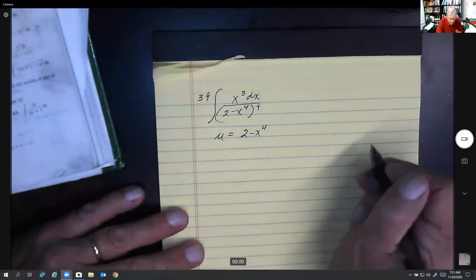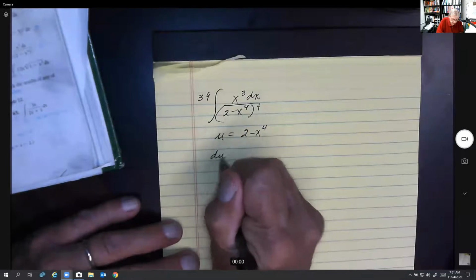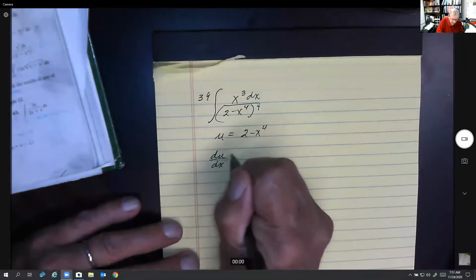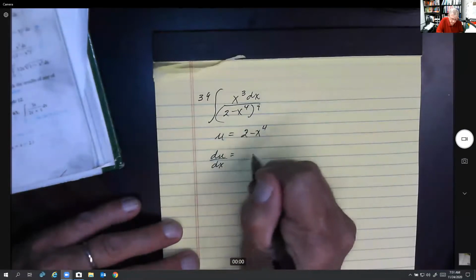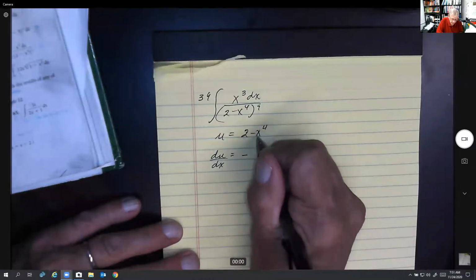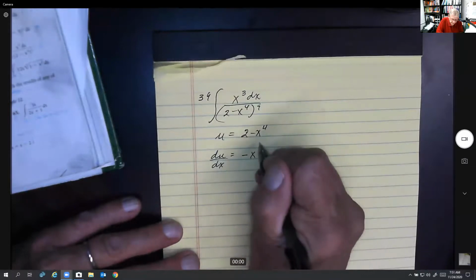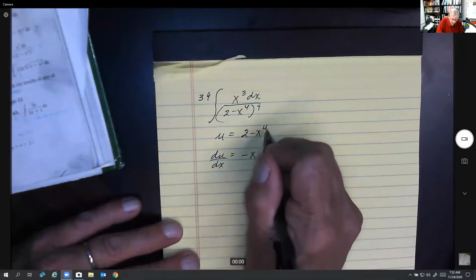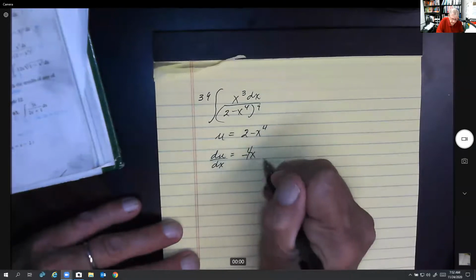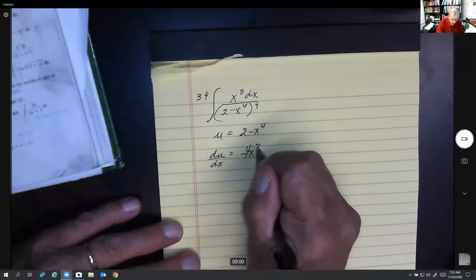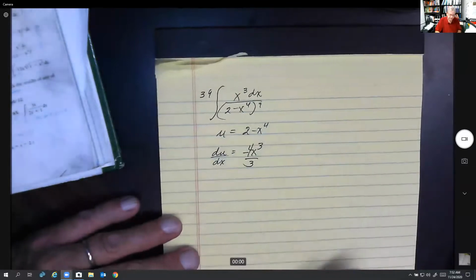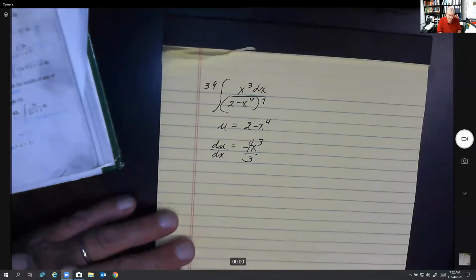It sounds like a reasonable thing. du over dx would be, this becomes a 0, this would be a minus 4x to the 3rd.